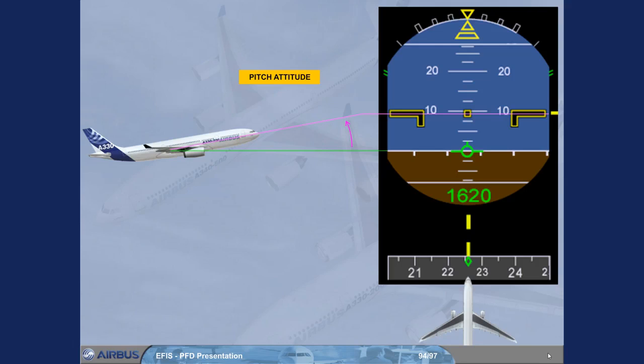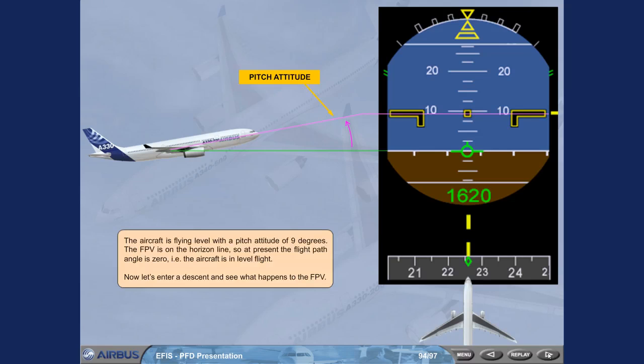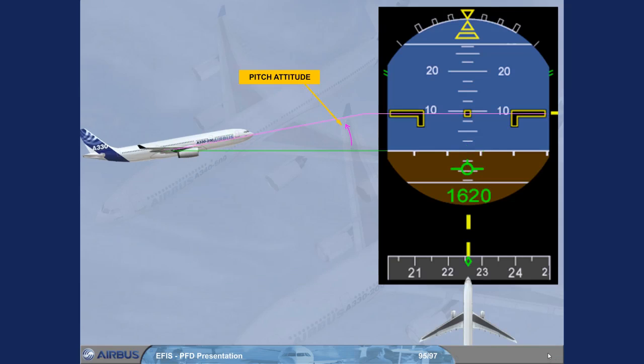Now let's enter a descent and see what happens to the flight path vector. The flight path vector will move down to indicate the angle at which the aircraft is descending through the air. This is known as the flight path angle, FPA.